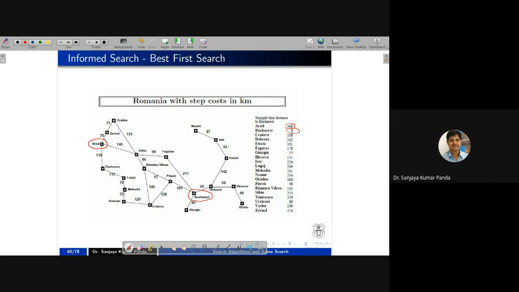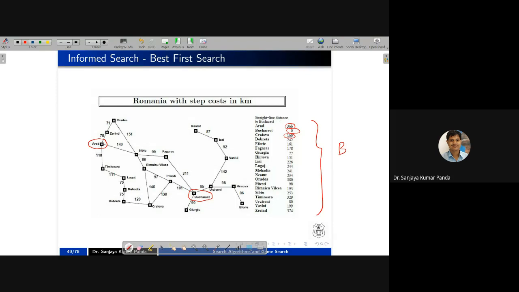The straight line distance from C to B is 160, and so on. I hope it is clear. There are different cities, and their straight line distance to the city B is given here.